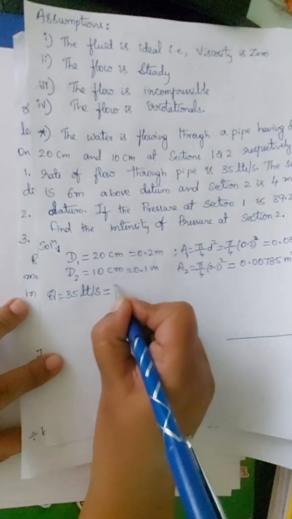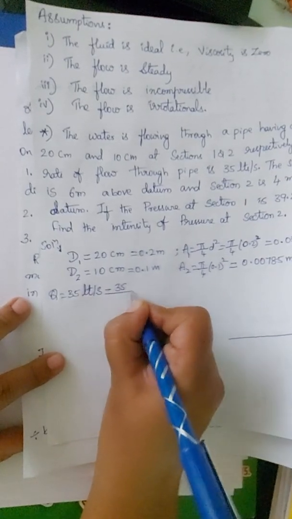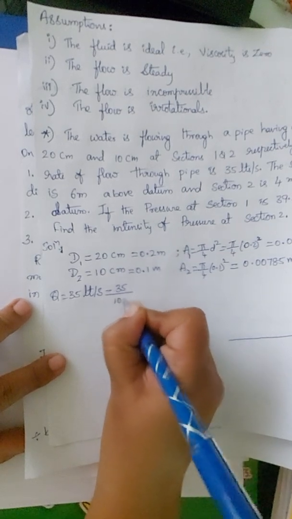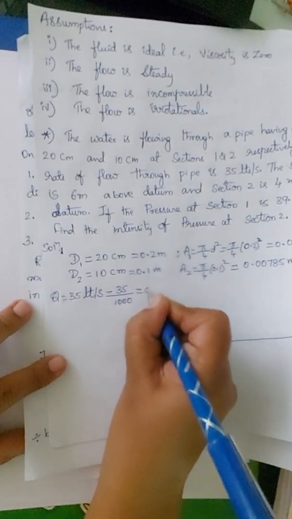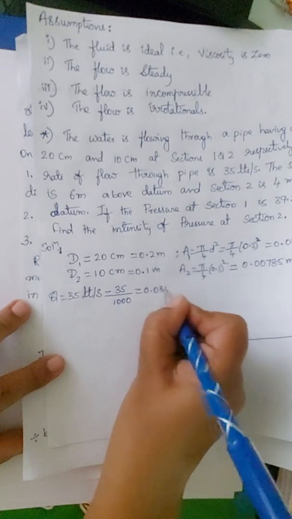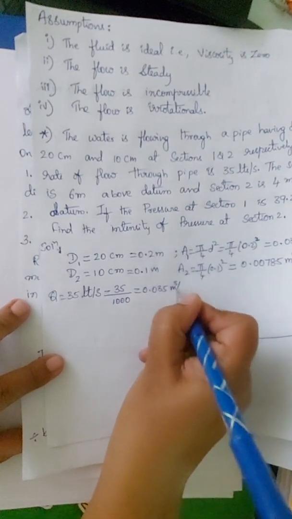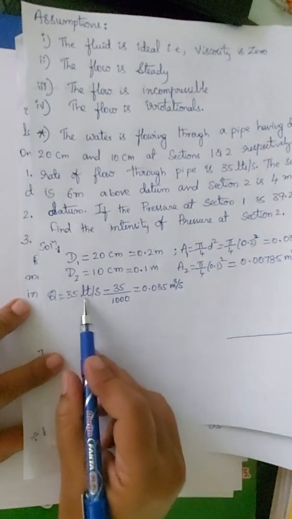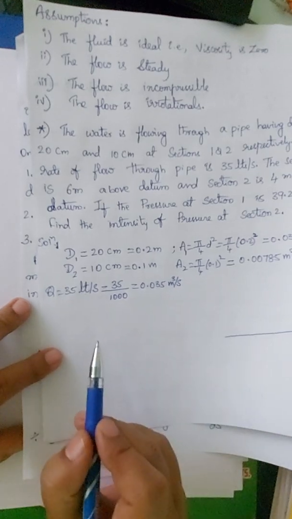That is equal to 35 divided by 1000, which is 0.035 meter cube per second, converting liters to meter cube.